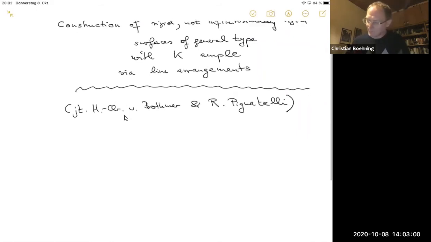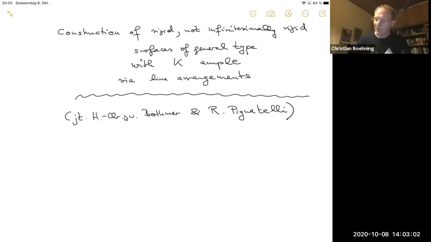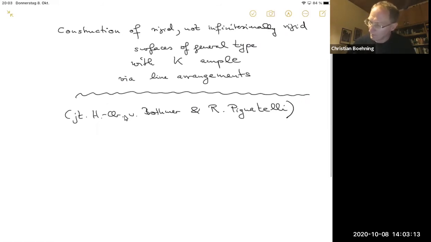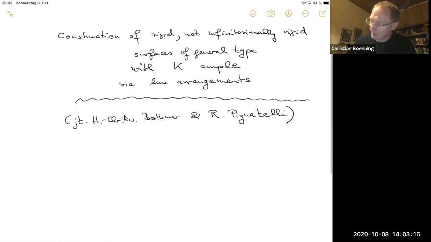But what we are doing is not just an incremental improvement over the previous work of those authors, it's really something where we need some genuinely new ideas.